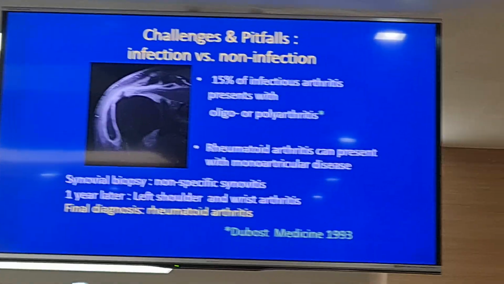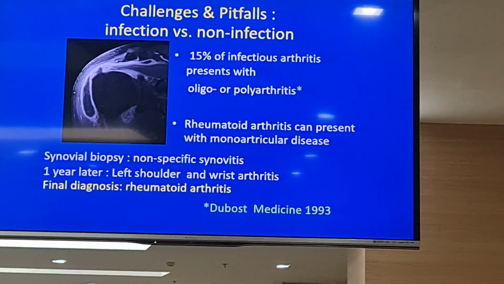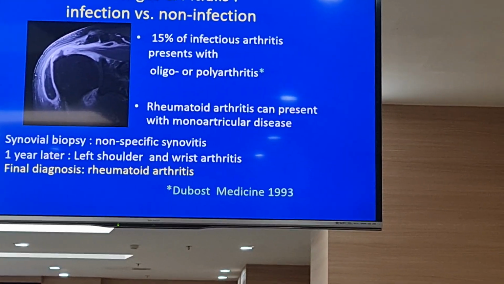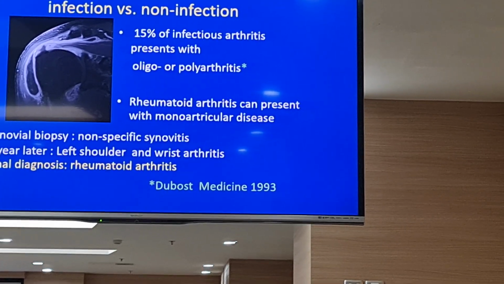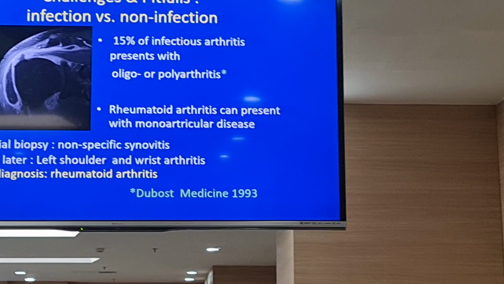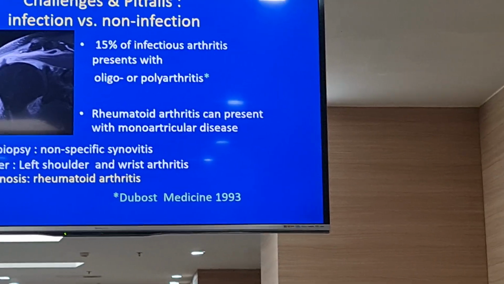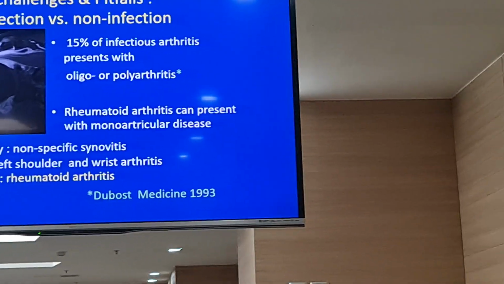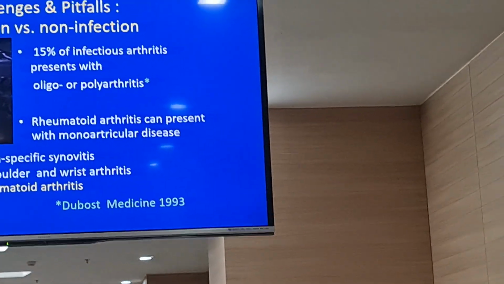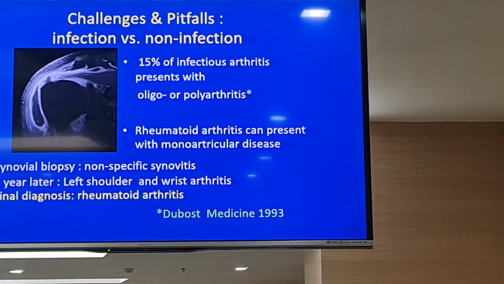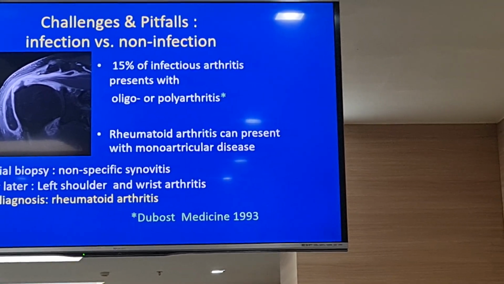In general, doctors know that monoarthritis tends to be infection. But sometimes rheumatoid arthritis can present with monoarticular disease in the initial stage. And 50% of infections come with multiple joint disease because of hematogenous spread. So please be aware of this, it is a challenge in clinical practice.